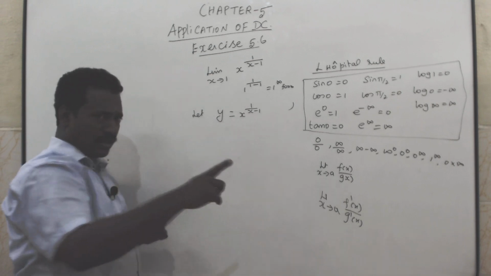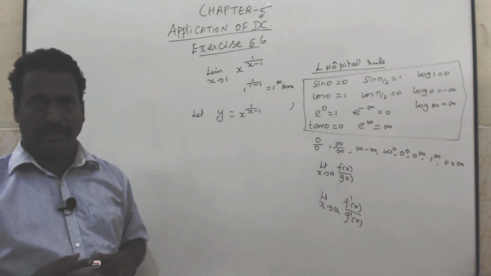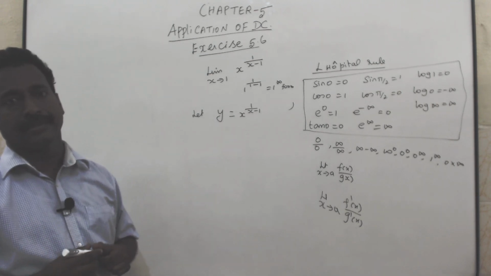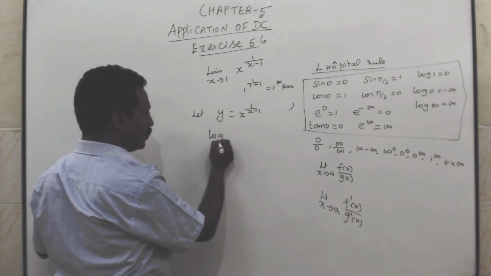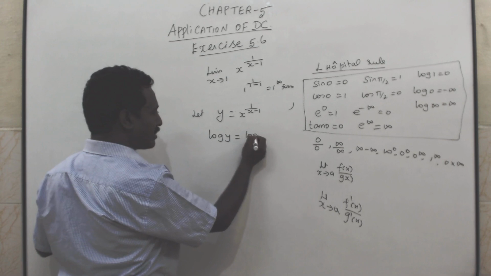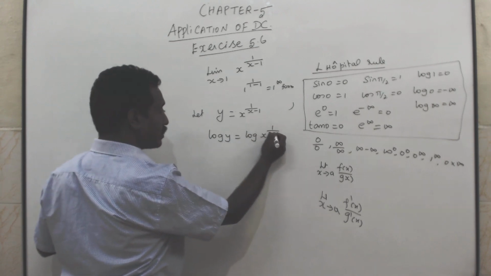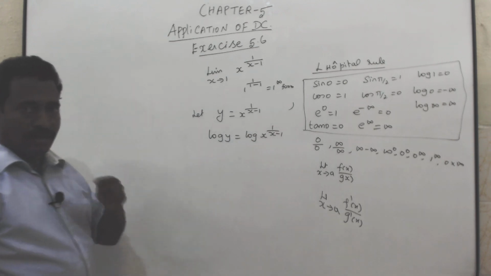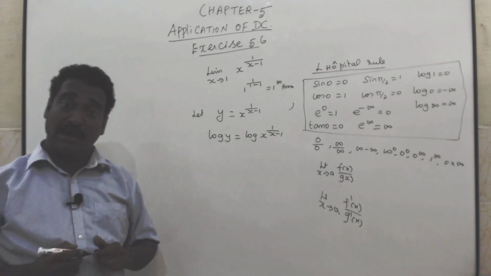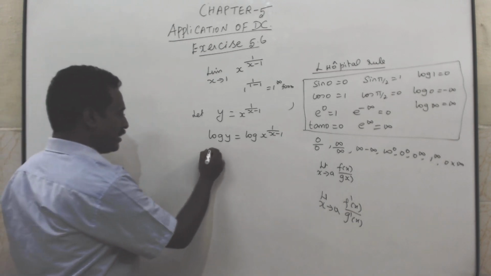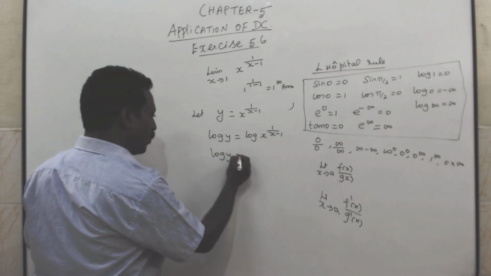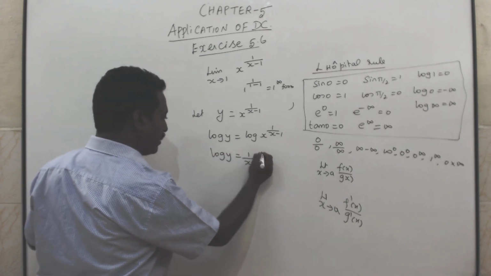To bring the power down, there is only one possibility: taking log on both sides. Log y equal to log x power 1 by x minus 1. Log x power m equals m log x. So log y equals 1 by x minus 1 into log x.